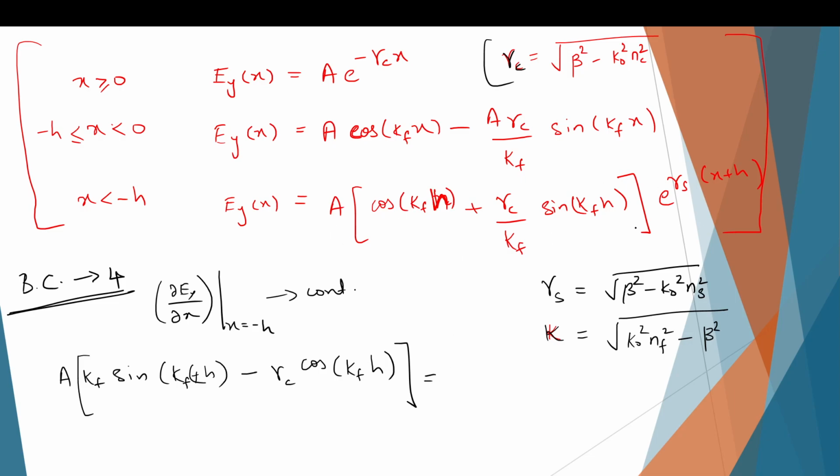So all this is a constant here, A, and this entire bracket thing will just come down like that, times e power this. So this we have to differentiate, that will be nothing but gamma s. e power x will become minus h means 0, so that will be again 1.